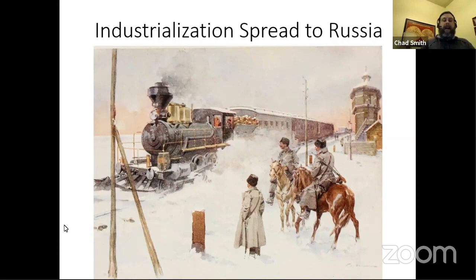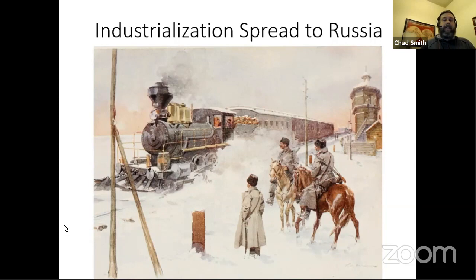So despite the fact that over the course of the second half of the 1800s, Russia's government was directing an industrial process, by 1900, Russia was still a majority agrarian society, meaning the primary function of its economy was agricultural and not industrial.